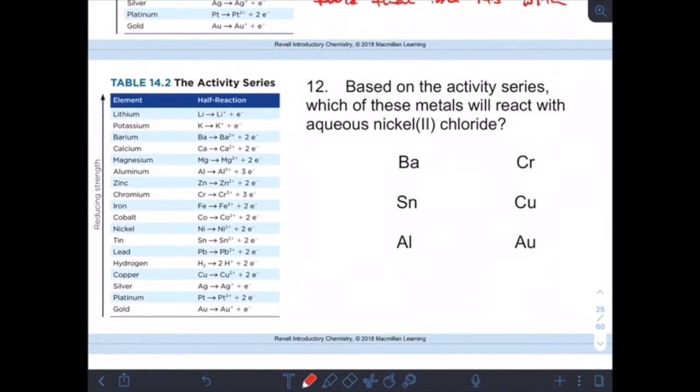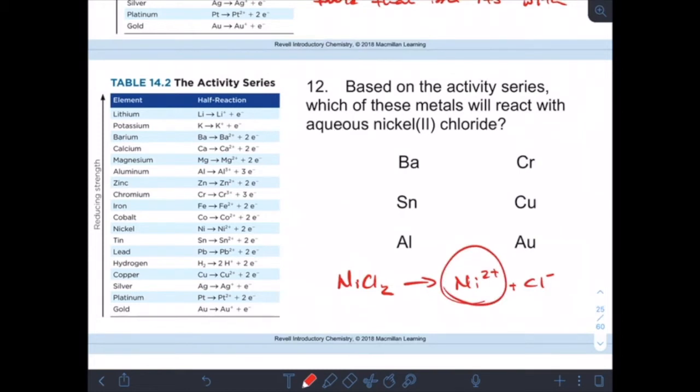Based on the activity series, which of these metals will react with aqueous nickel chloride, nickel 2 chloride? So I would have a formula that looks like this. And it's aqueous, so nickel 2+ plus Cl-. So this is what we're looking for.